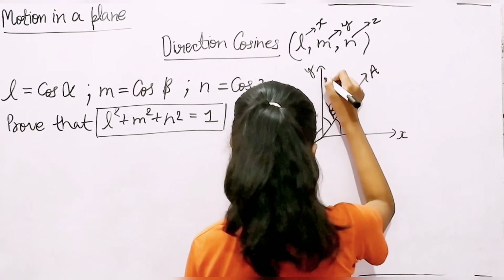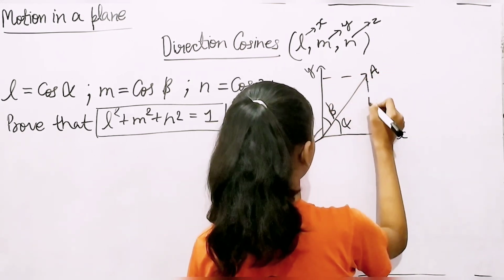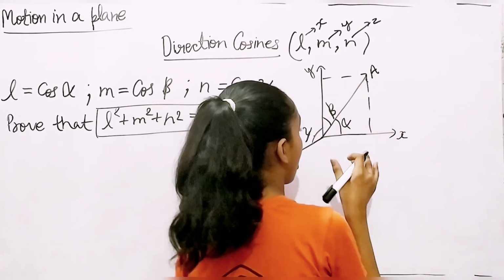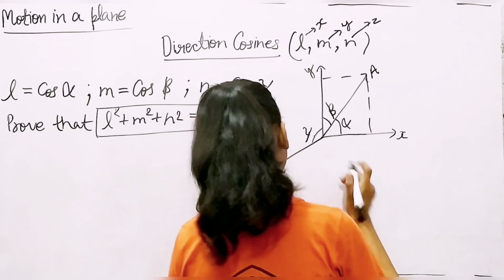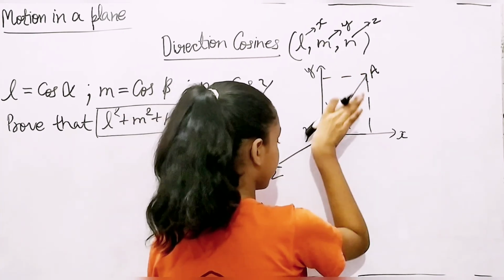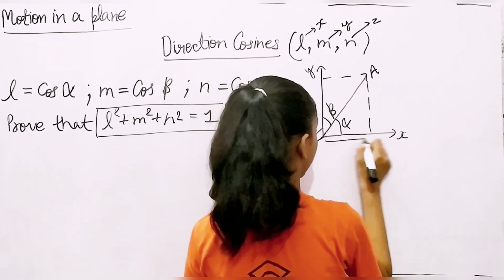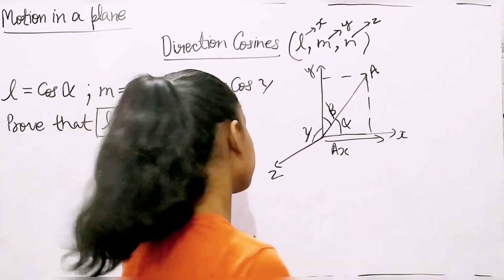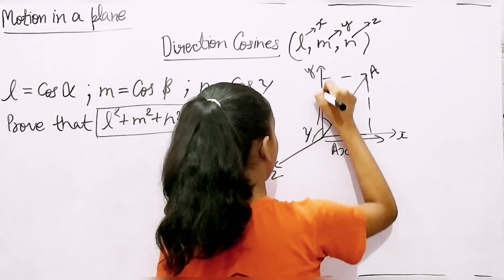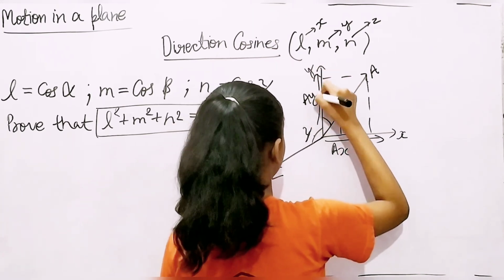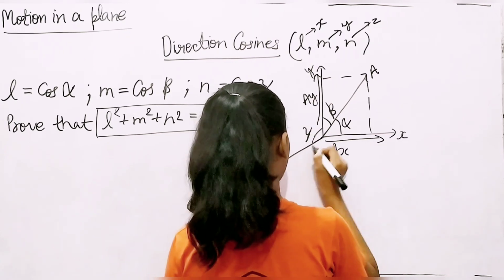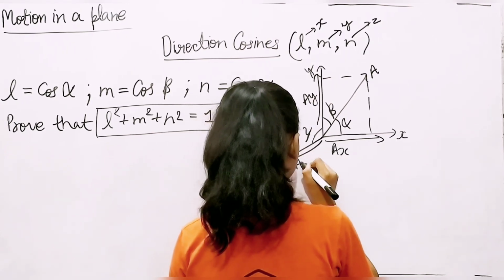First, let me draw the parallelogram. By the parallelogram, we have to find the component of X. Here we'll write AX, because these are really common, I've told you many times. And here it will be AY. In the x-axis AX, in the y-axis AY, and in the z-axis it's going to be AZ.